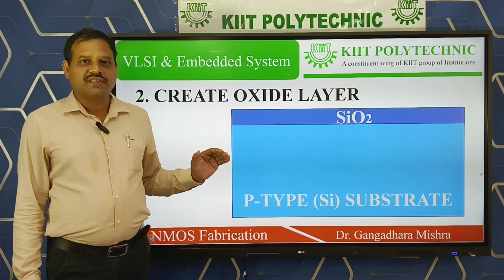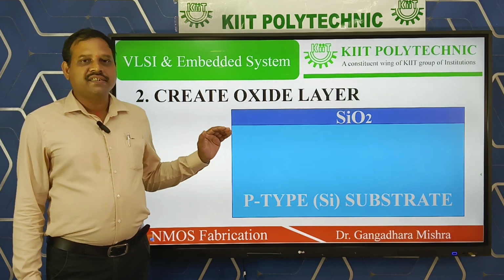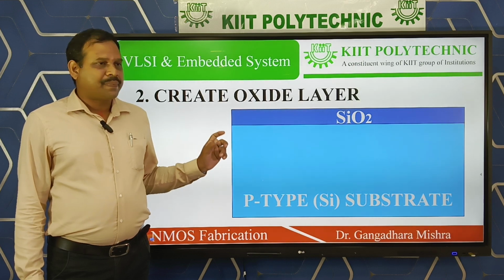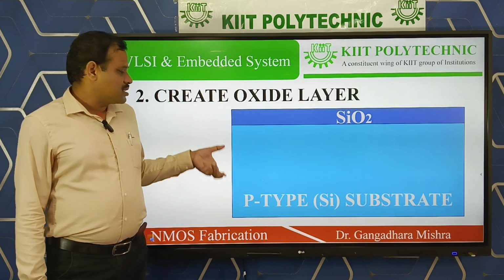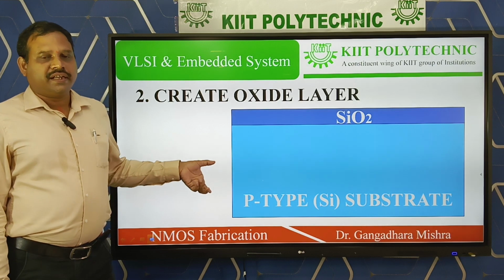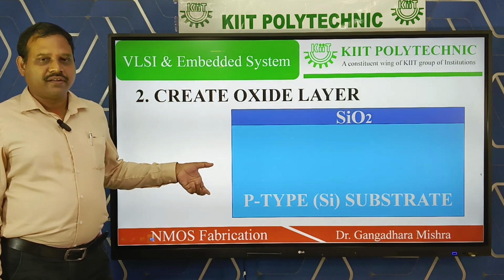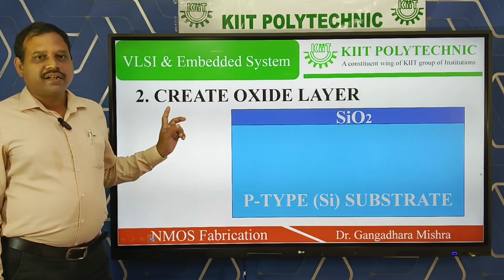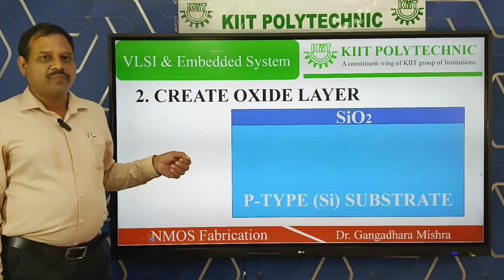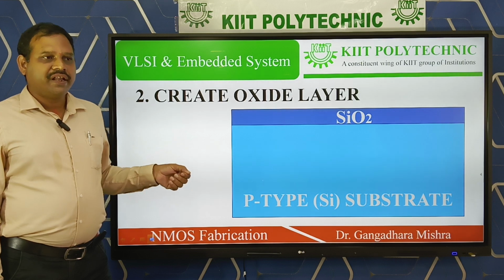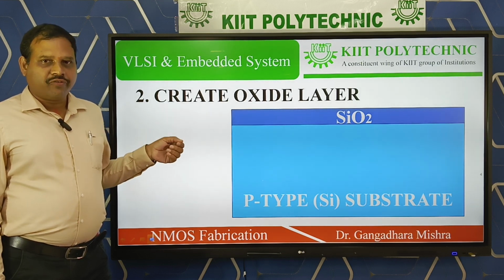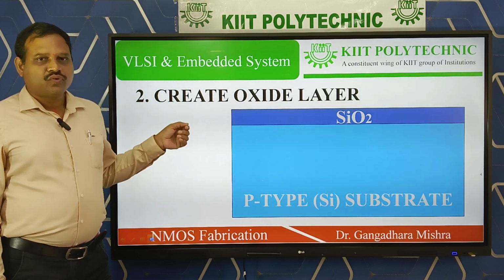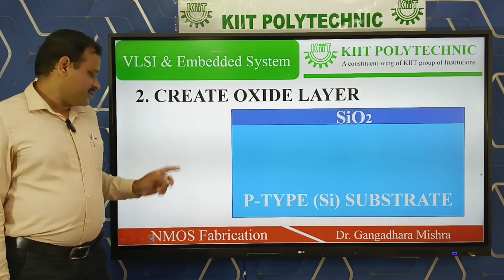In this process, the substrate is heated at around 2100 degrees centigrade in the presence of oxygen, and for a substrate thickness of around 700 micrometer, the silicon dioxide layer created here is around 1 micrometer. So we can calculate how much we should develop this layer so that our functionality can be achieved.